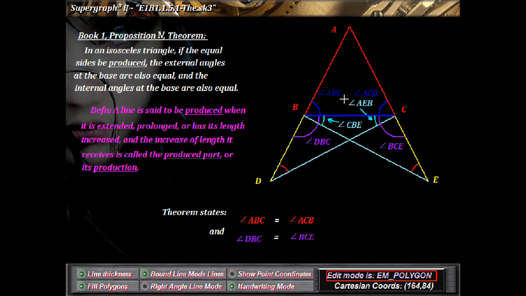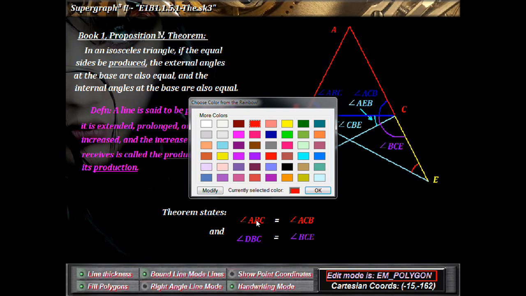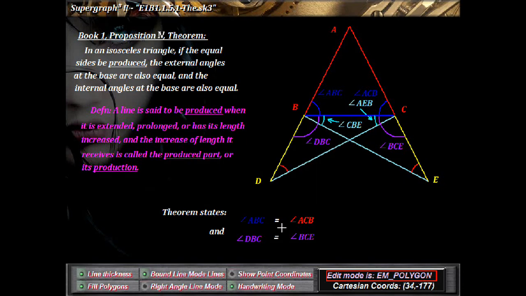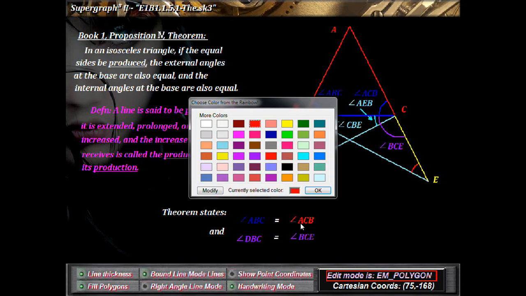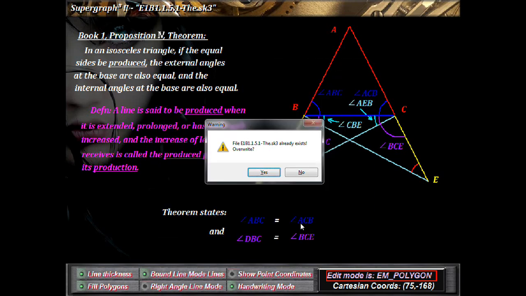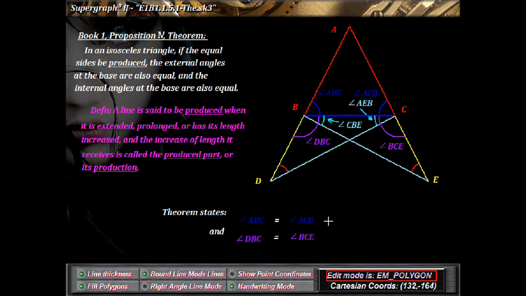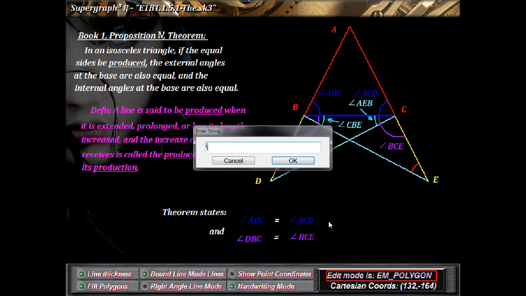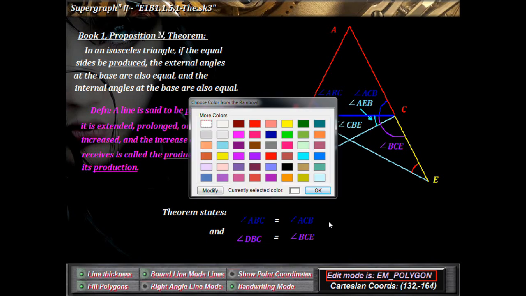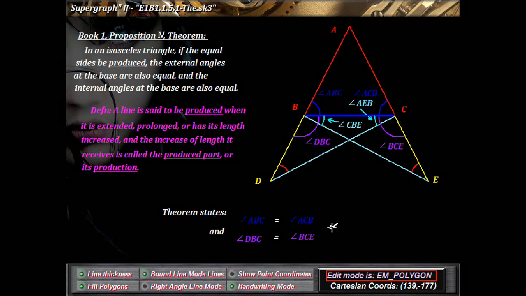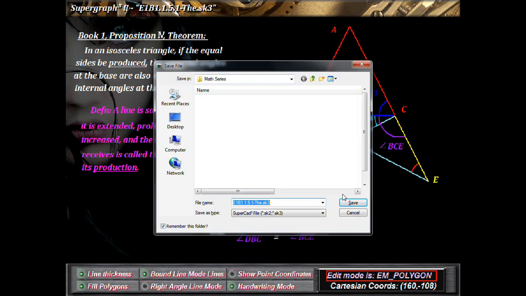That ABC is ACB. So we've done this. I thought I changed this to blue. I did, but I didn't save it. So, done with this part.